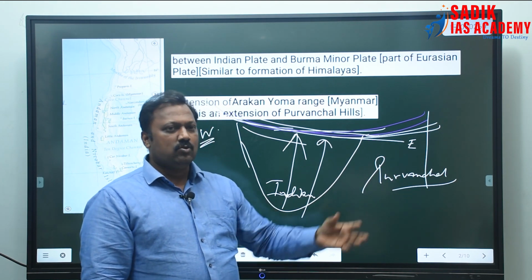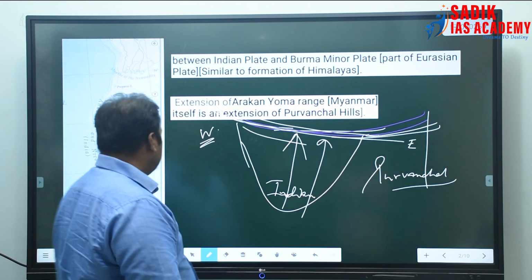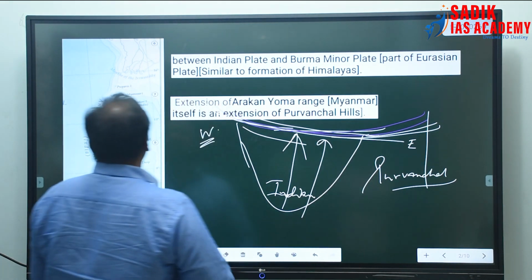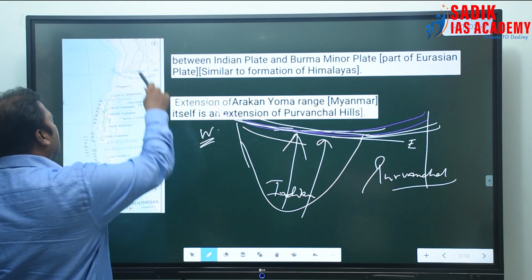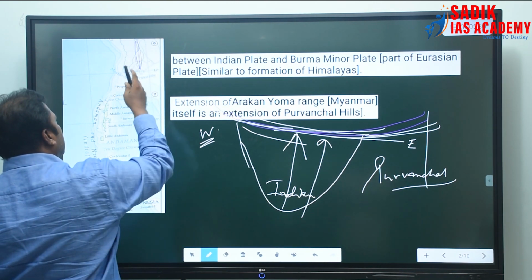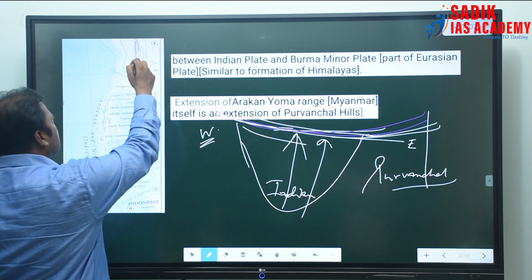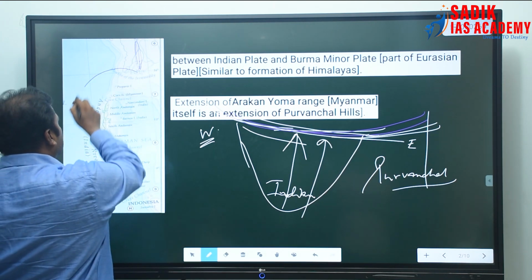Arakan Yoma. So the Andaman Nicobars are the extension of these Arakan Yoma mountains. Right? We can see from here. This is Burma. So we have Andaman Nicobar here, and here we have the Arakan Yoma mountain range. So this Andaman Nicobar is nothing but the extension of this Arakan Yoma.